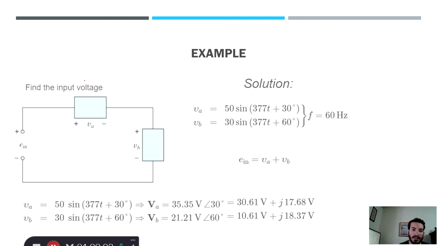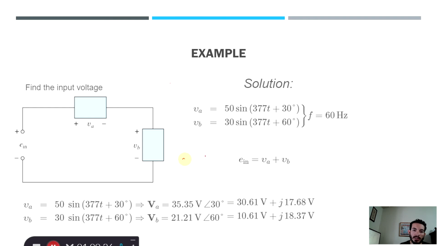They give you that the voltage at source A is 50 sine of 377 t, meaning that we're operating at 60 Hertz, and it has a 30 degree offset.